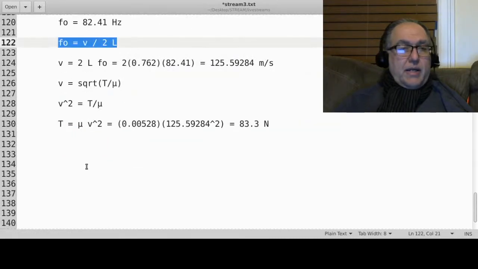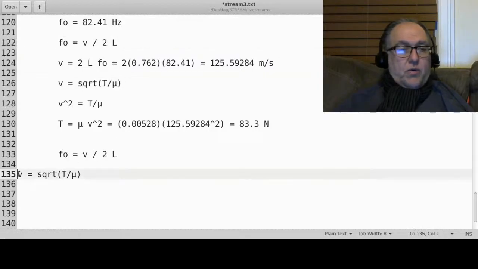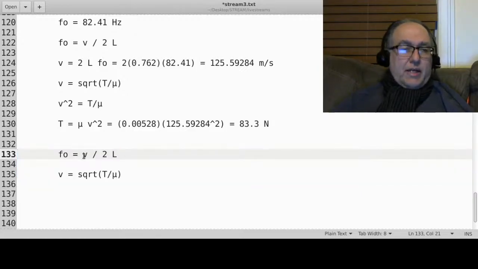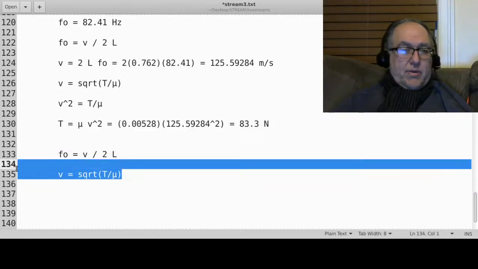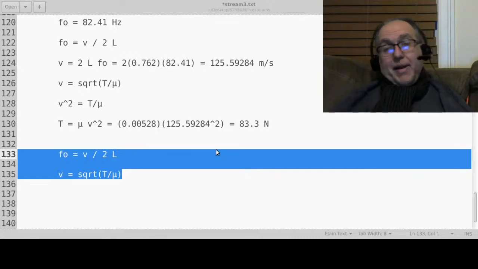Those are the two, basically. Let me just draw them or cut and paste them down there. These two equations right here are what govern it. And obviously they're related because there's a velocity there and a velocity there, so both of them apply. And just plug in for what you know in MKS, and you'll be able to solve for the one remaining variable.